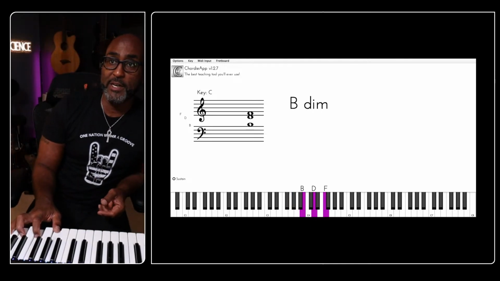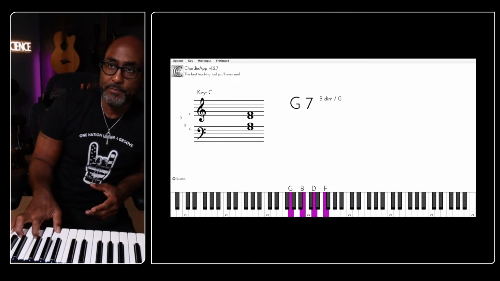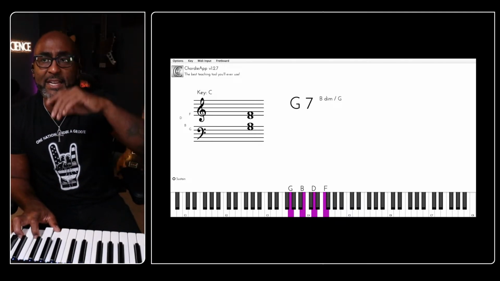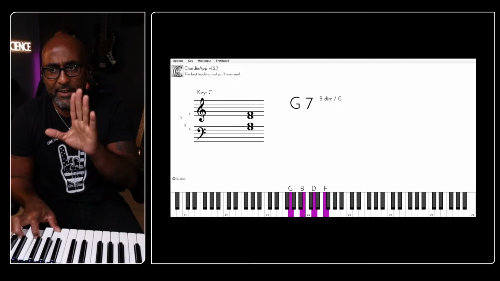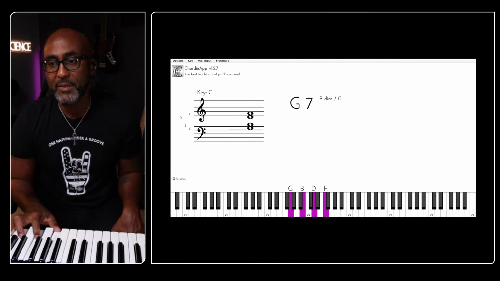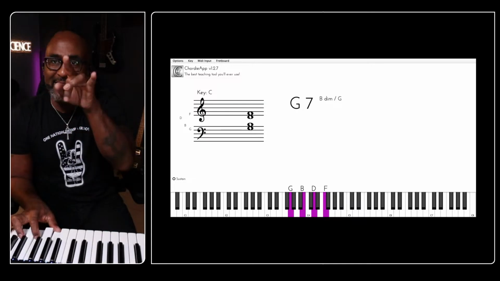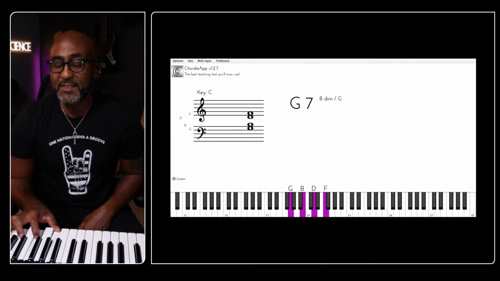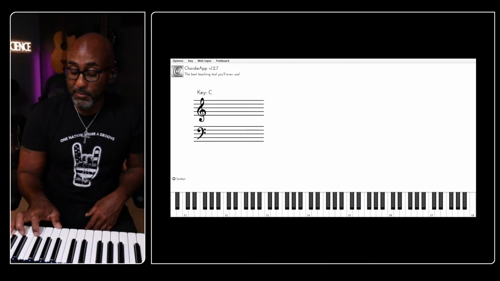So if you look on the screen here, I love this diagram because it's showing you, hey, it's a G7 chord, but just in the corner there, let me talk about that, what it says, B diminished over G. Ignore that.